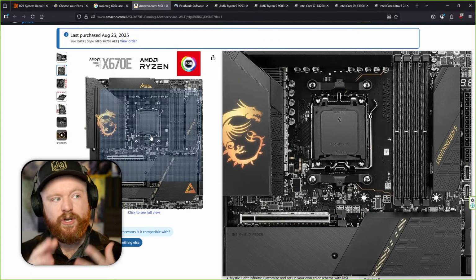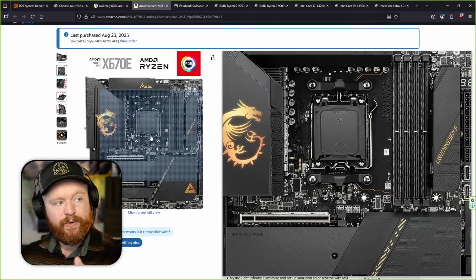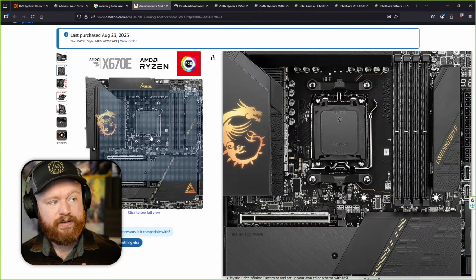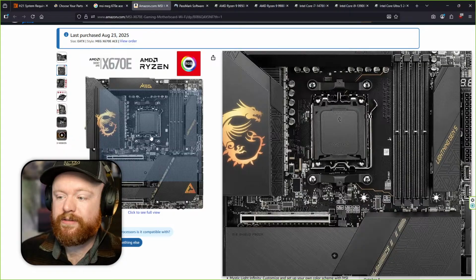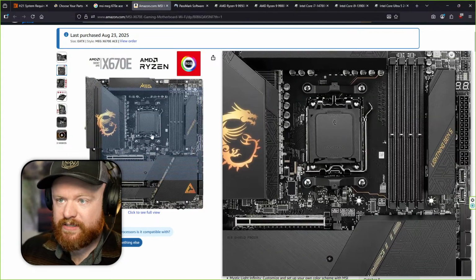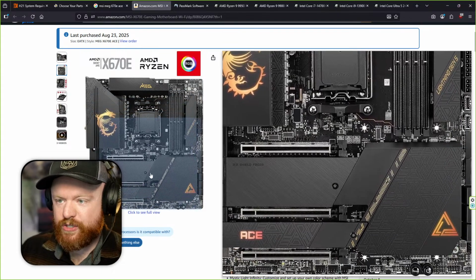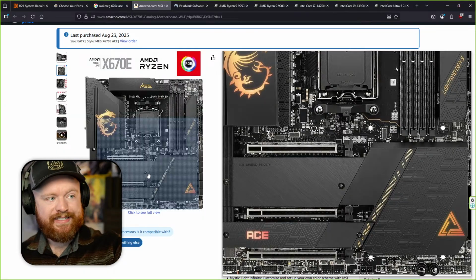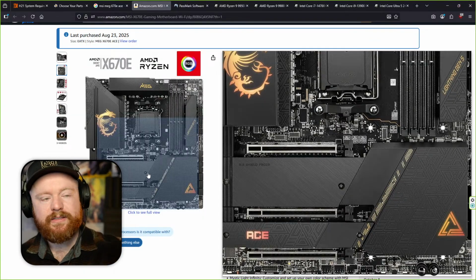When information is going to and from your CPU and the components, sometimes that shares the same highway if it's a shared lane with 16 or 8 with the PCIe. All of this is usually found in the documentation of the motherboard that you're looking at. These 2 lanes down here are, I believe, 8 lanes.